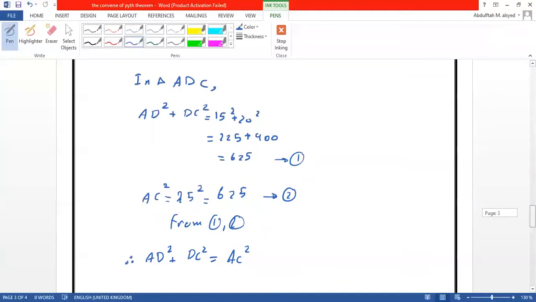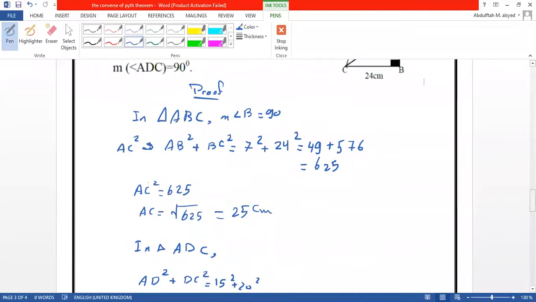Okay, then the triangle ABC is right at angle D, or you can write measure the angle ADC equals 90 degrees. So this is a very easy problem. Inshallah, you will solve it correctly.